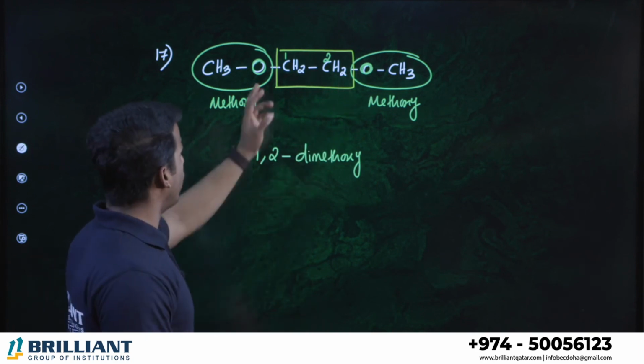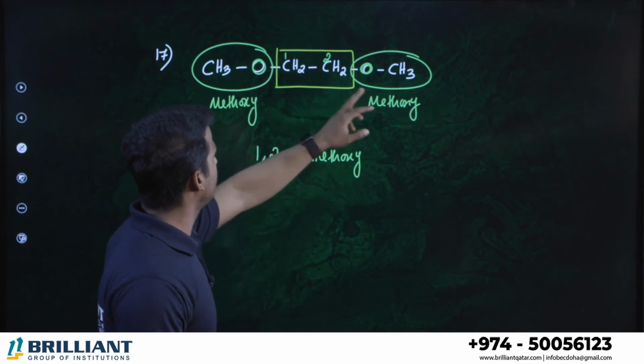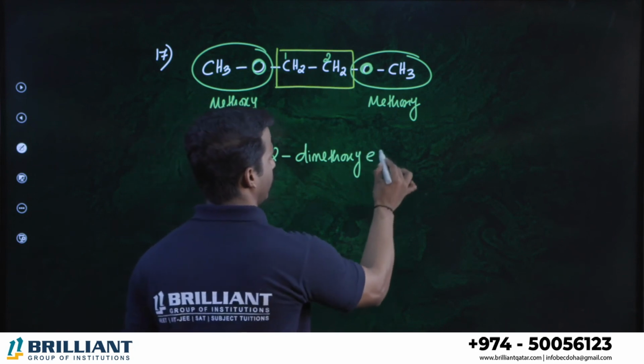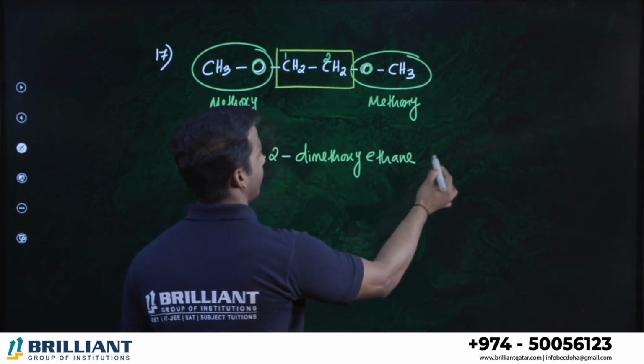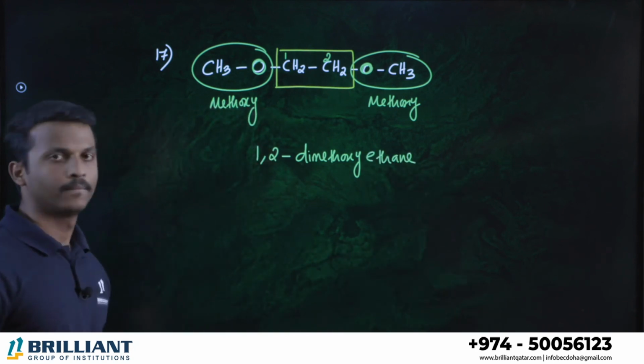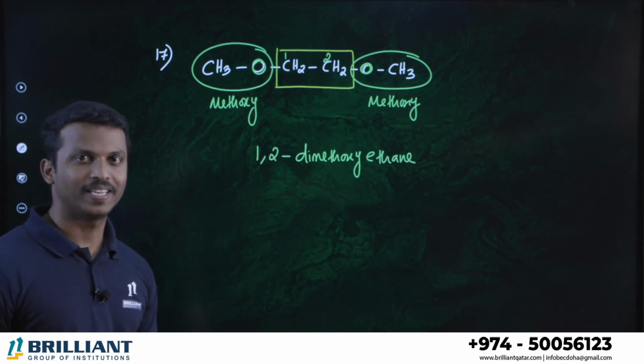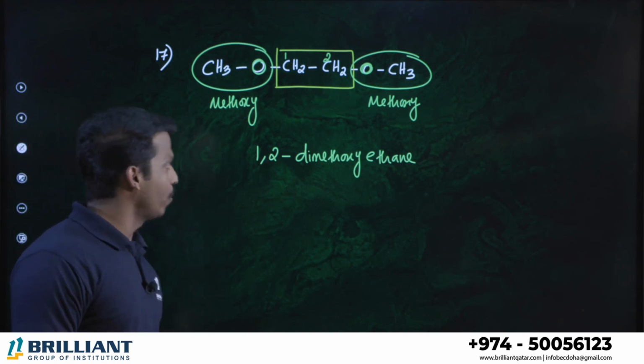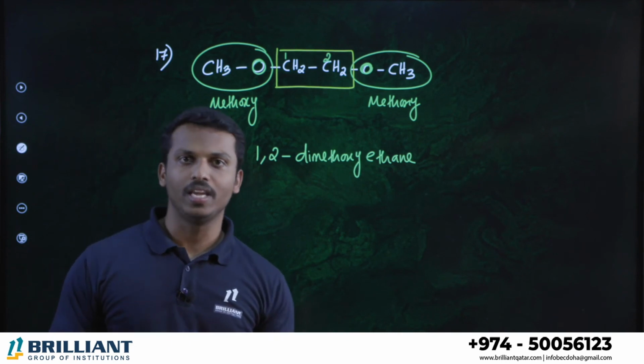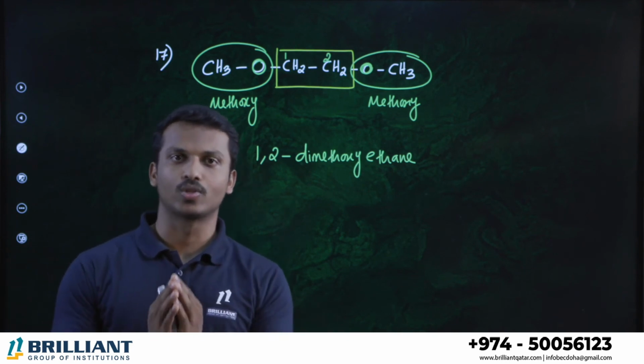So we can say 1,2-dimethoxy. What is the parent chain? Ethane. You understood? Easy? Alright.